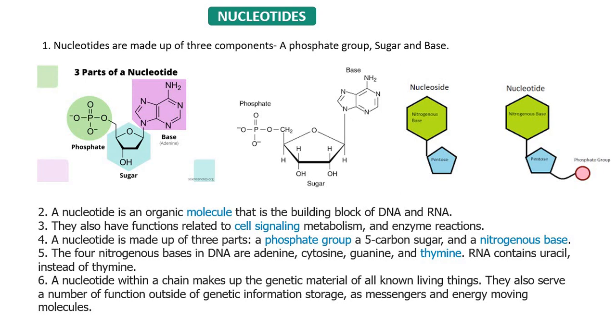They act as messengers as well, like mRNA, and they are also energy-moving molecules. So we can say that without nucleic acid, life is not possible. Every cell has nucleic acid in the form of DNA and RNA, and DNA and RNA are made up of nucleotides. A nucleotide is made up of a nucleoside, and a nucleoside is made up of sugar and base. These are the three basic components, sugar, base and phosphate, from which all nucleotides are made.